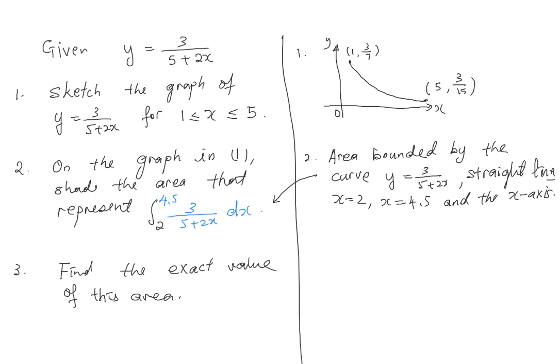Okay, so here is your 2, and here is your 4.5, and you shade this. So for part 2, you just need to shade it correctly. You don't have to interpret, unless the question says interpret, then you interpret. Do you get me?